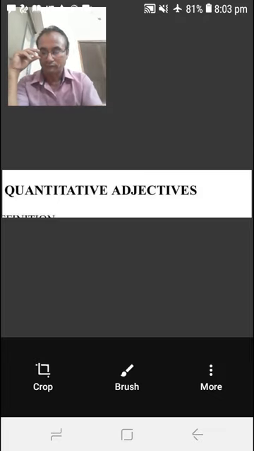Quantitative adjectives. This type of adjective describes or gives the quantity of a noun. To be precise, it provides information regarding how many, like the count.